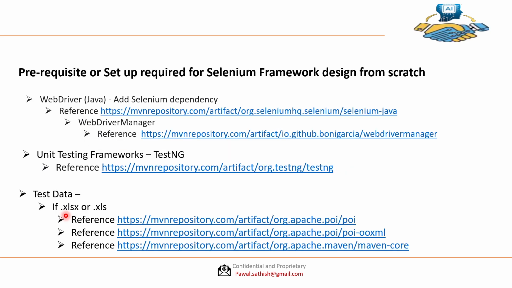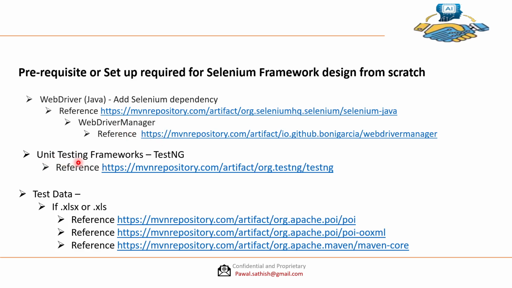Then we require the WebDriver Java Selenium dependency. Using the Maven repository, we can find the Java Selenium dependency and add it into the pom.xml. Next is WebDriver Manager; we can also add the WebDriver Manager dependency into the pom.xml.